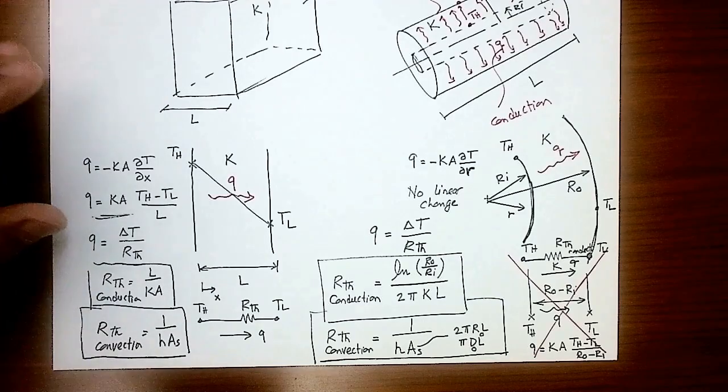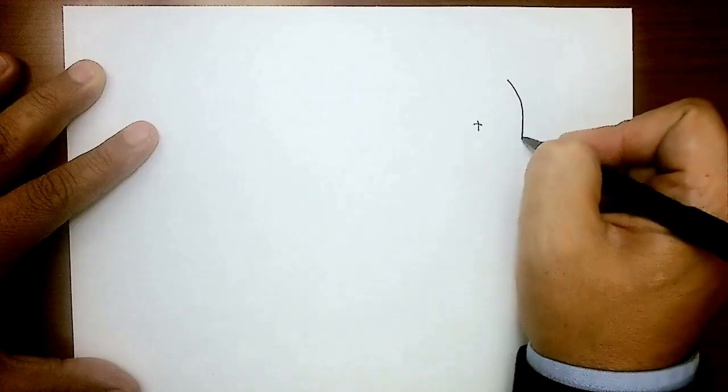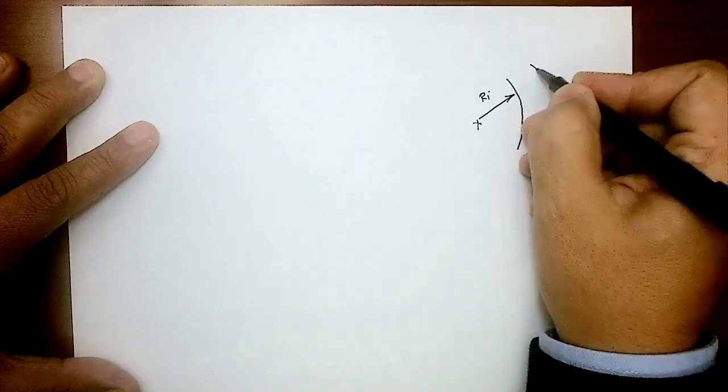Okay, so I'm adding up as we go. What would be the most complicated case here? The most complicated case is like I have a pipe. I'm not going to draw 3-dimension anymore. I have a pipe. Any pipe has inner radius and outer radius.